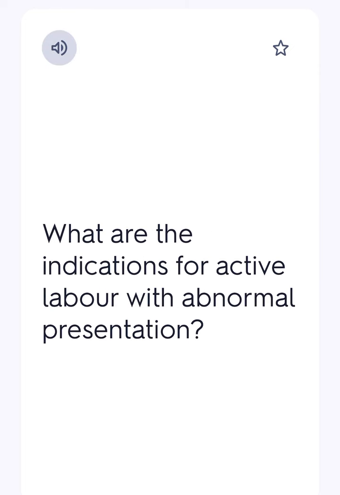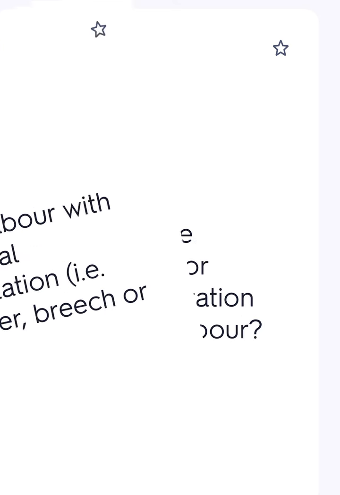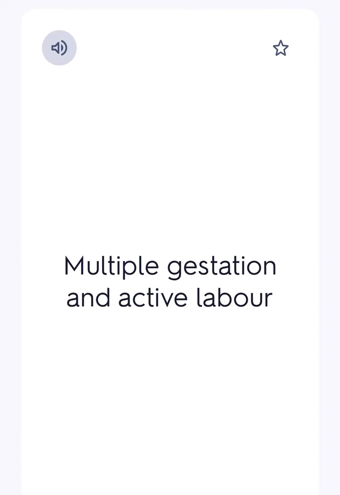What are the indications for active labor with abnormal presentation? Active labor with abnormal presentation. What are the indications for multiple gestation and active labor? Multiple gestation and active labor.